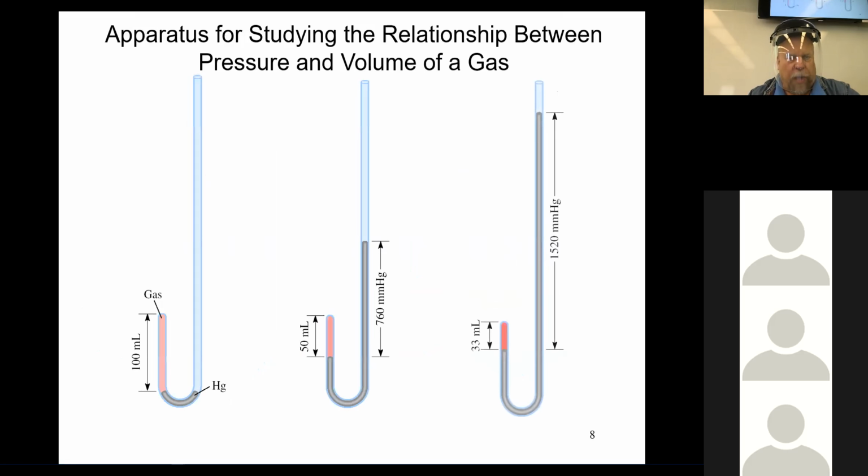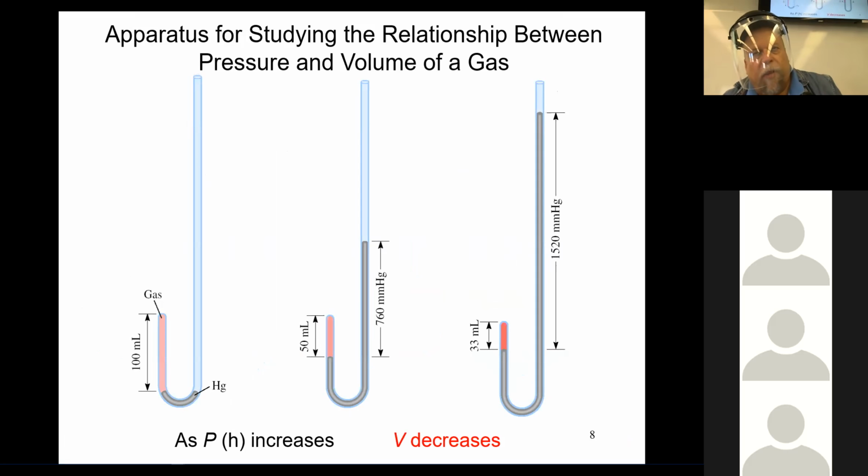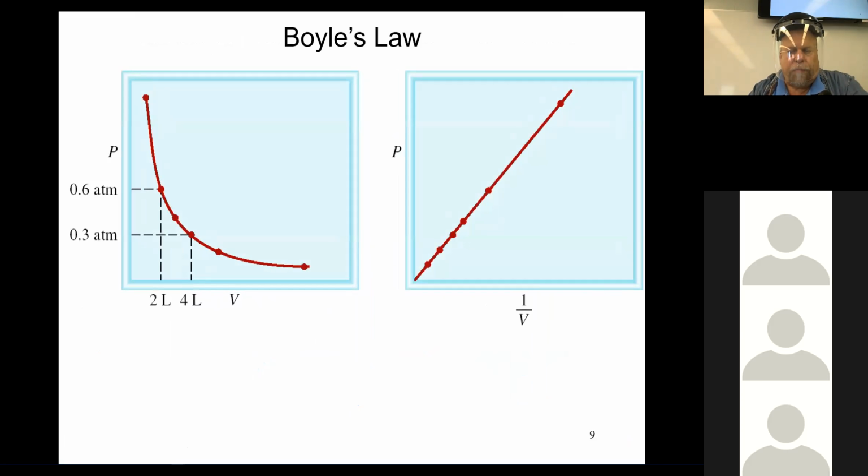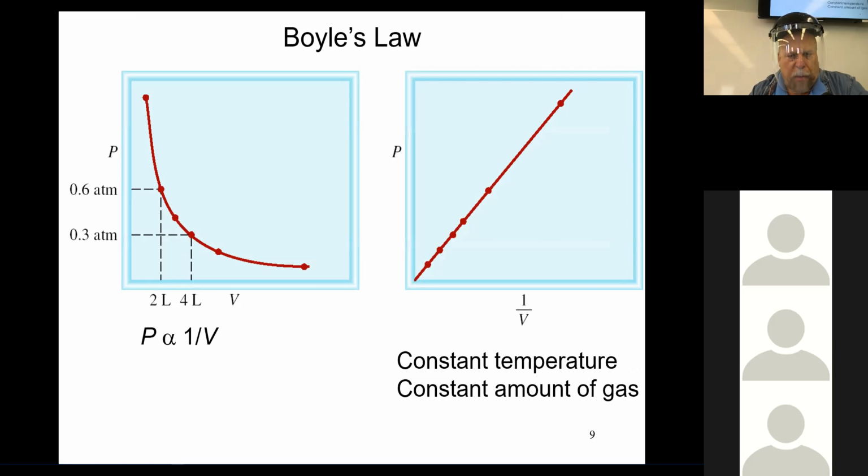And then apparatus for studying the difference between the pressure and volume of gas would be these. And then as the pressure increases, the volume decreases. That is what's called Boyle's law. And basically, Boyle, let's go back.